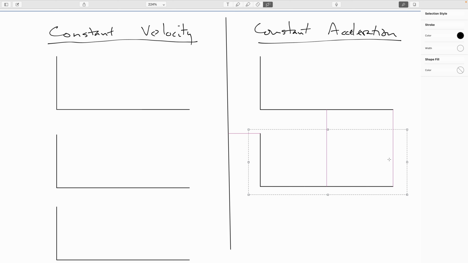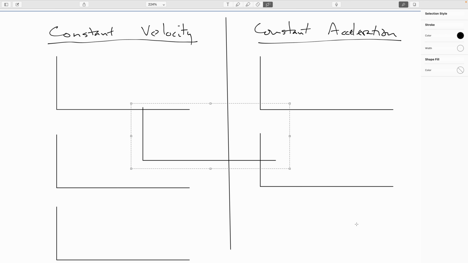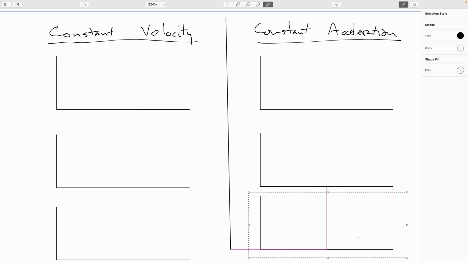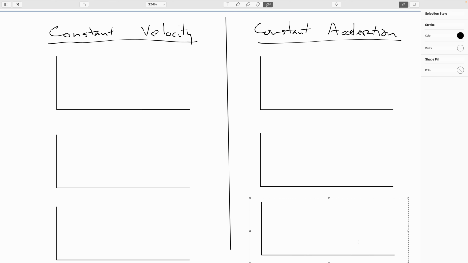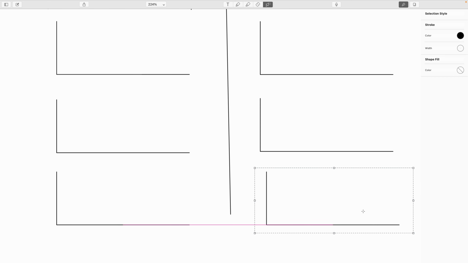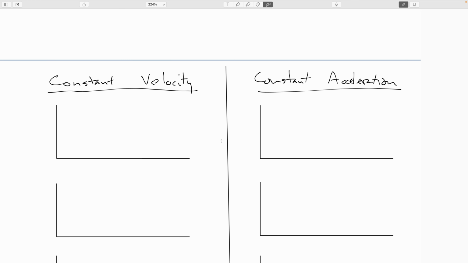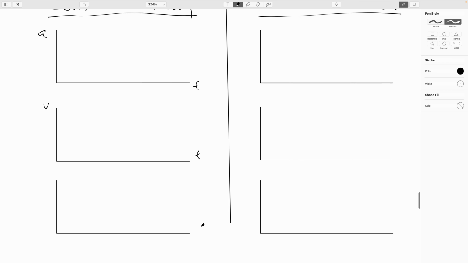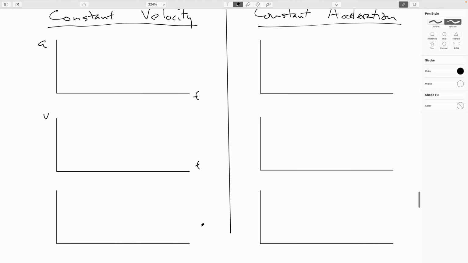Paste. And paste. All right. So you see these graphs here. I am going to be plotting A versus T, V versus T, and X versus T.